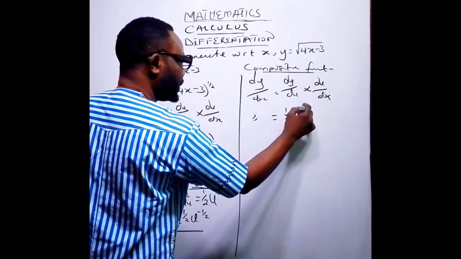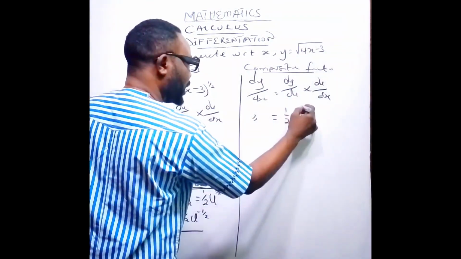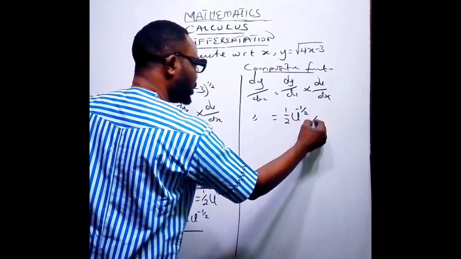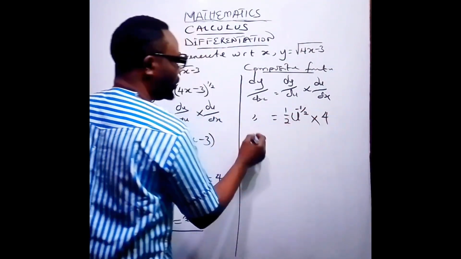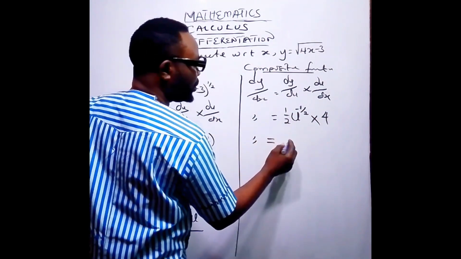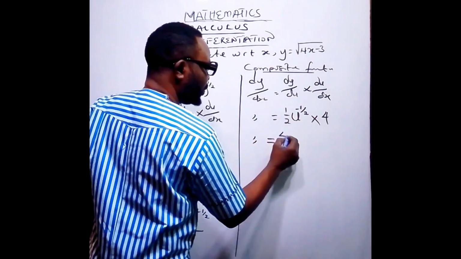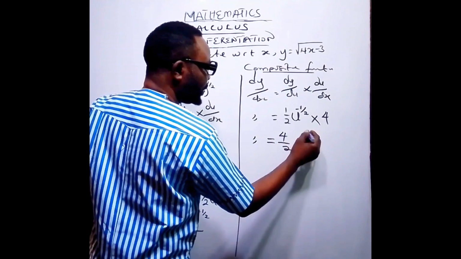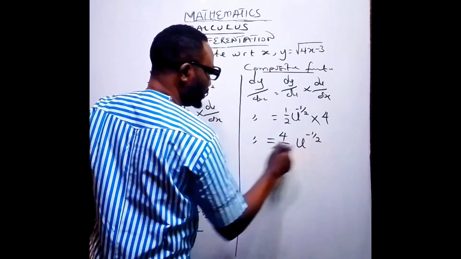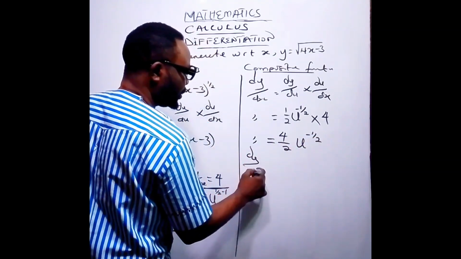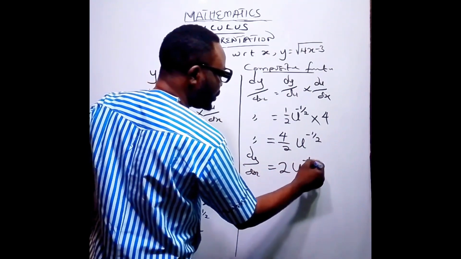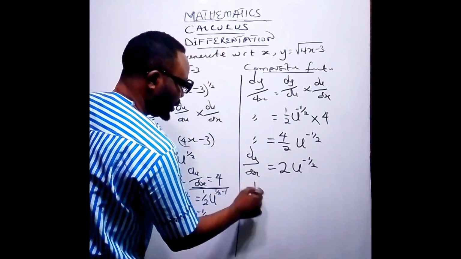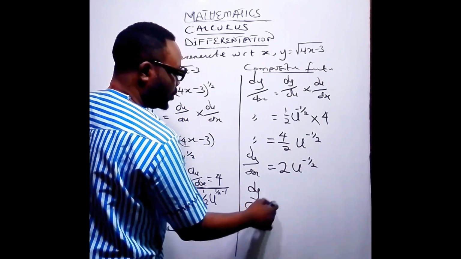Half u raised to the power of minus half, multiplied by du/dx, which is 4. Where dy/dx will be equal to 4 times 1 over 2 u raised to the power of minus 1 over 2. dy/dx will now be equal to 2 u raised to the power of what? Minus 1 over 2.